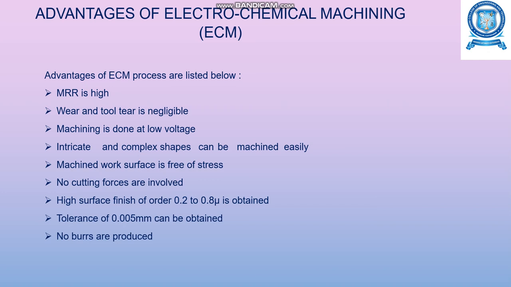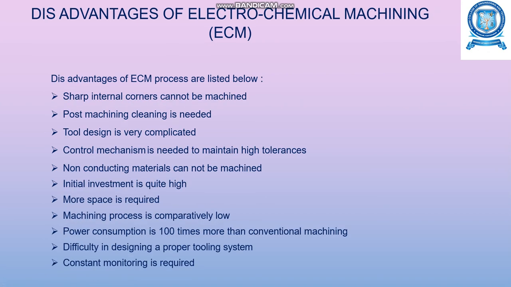A high surface finish of the order of 0.2 to 0.8 micron is obtained, and also a tolerance of 0.005 mm can be obtained by using this electrochemical machining process. And no burrs are produced while performing these operations.